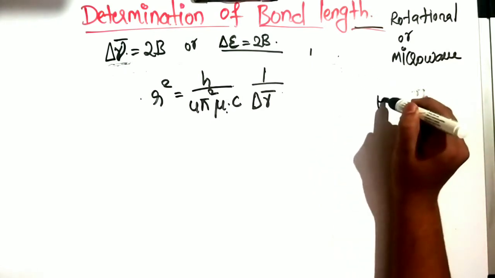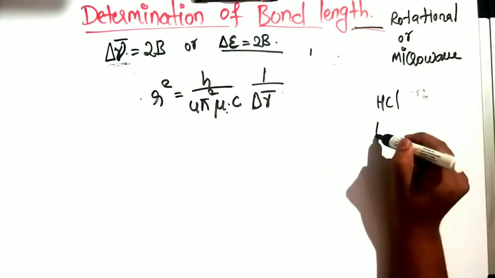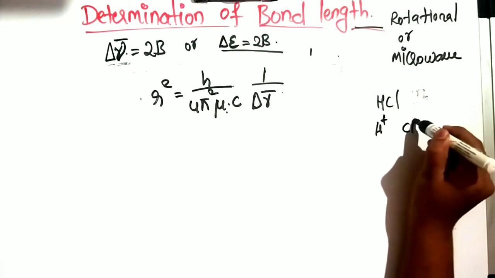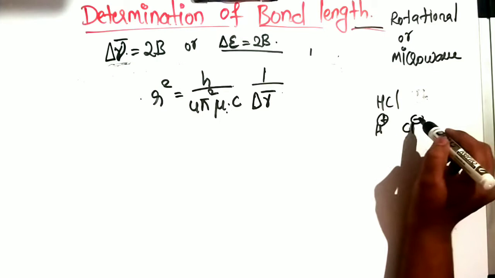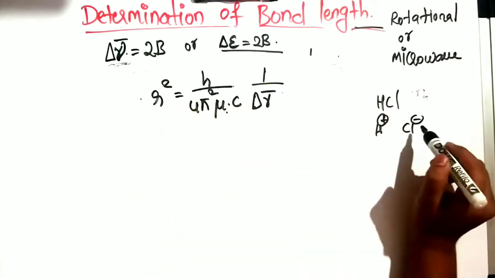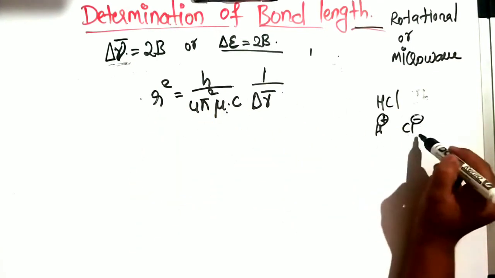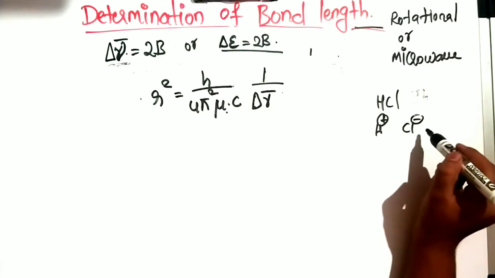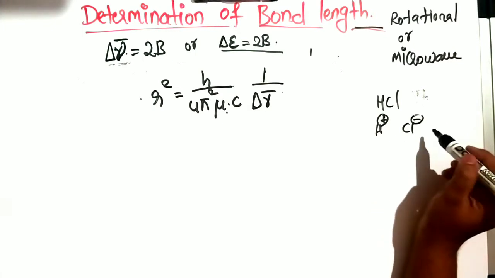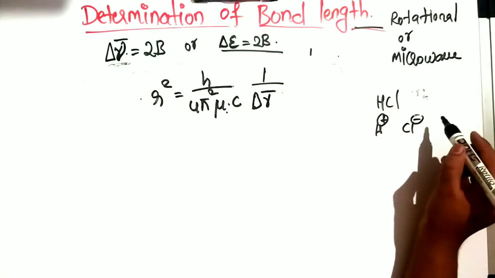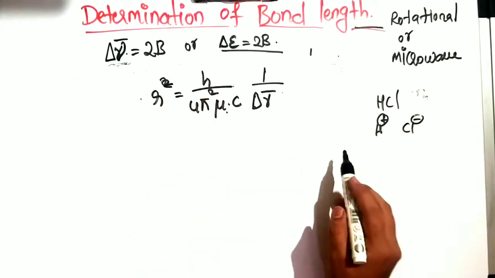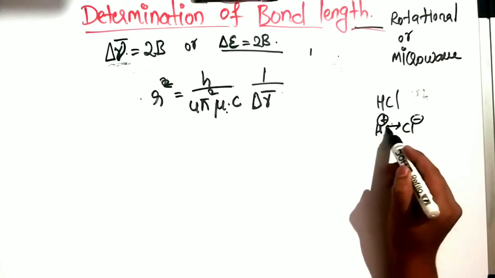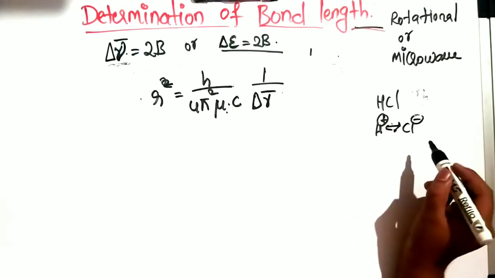Suppose we have in the syllabus HCl, H plus and Cl minus. So here we can calculate the intermolecular distance, r is a distance. We can calculate the intermolecular distance from the frequency separation delta nu bar of a rotational spectrum. So with this you can calculate the intermolecular distance in the molecule.